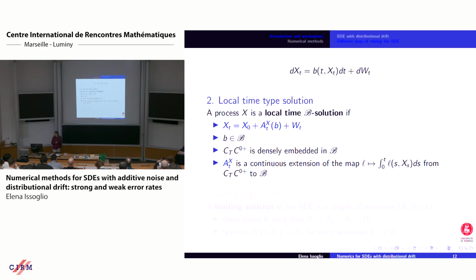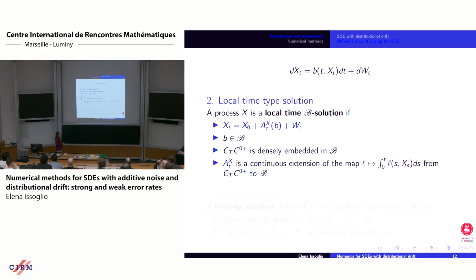Okay. Second type of solution, this is a local time type solution. So here you have to introduce this operator, which plays the role of the local time in a sense, which is the extension. This operator A_X applied to b is essentially the integral of b(X_s) ds, right?